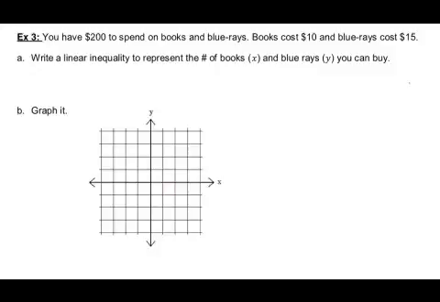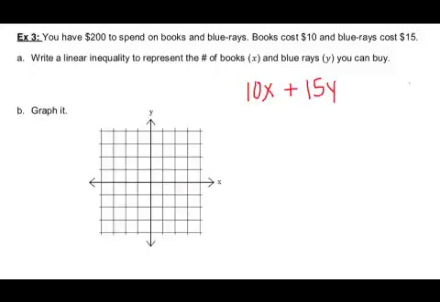So if we're spending $10 per book and we're buying X books, that's going to be 10 times X, because it's $10 per book. We are also buying Blu-rays, which again we're calling Y, and those are $15. So $15 per Blu-ray will give us 15Y.